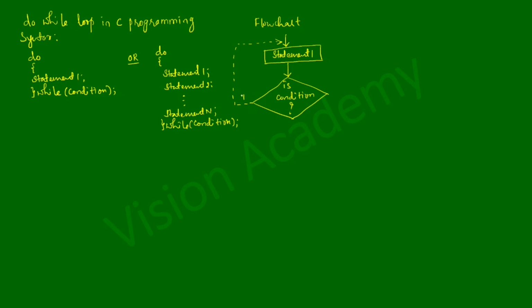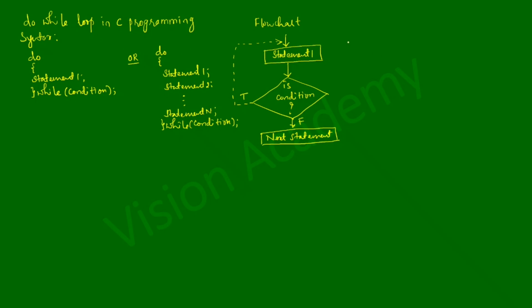If it is true, then this particular statement will get executed repeatedly. If this condition is false, then the next statement will get executed if any. So put it in a rectangular box.